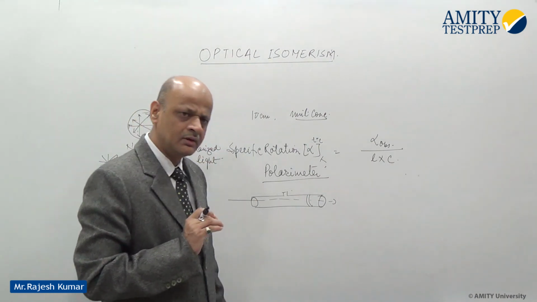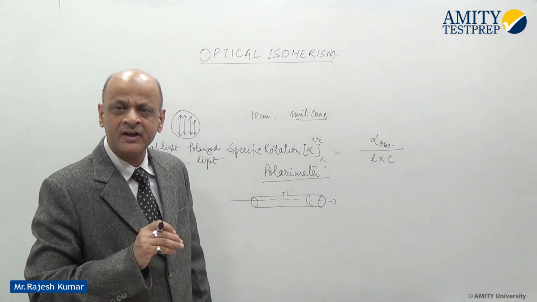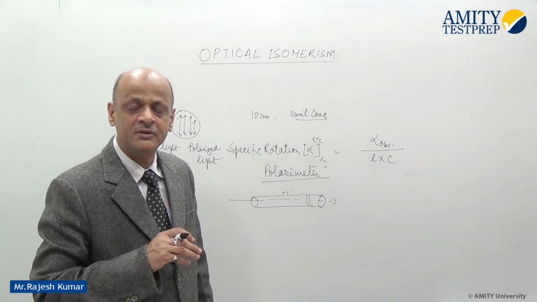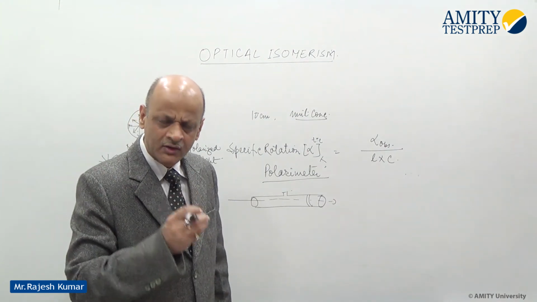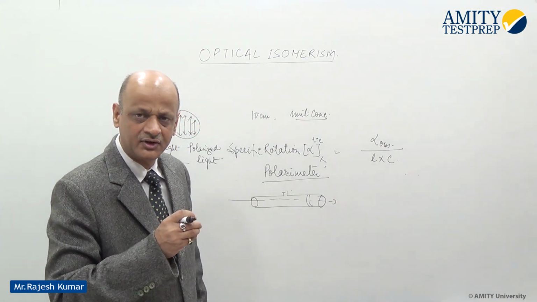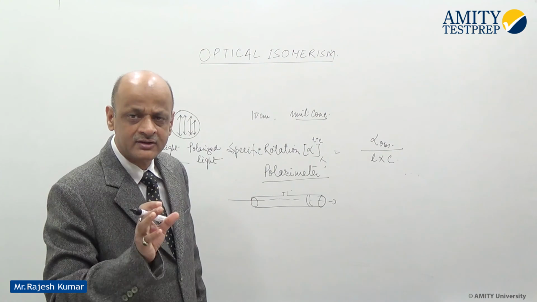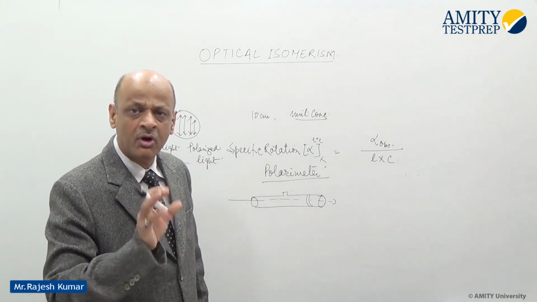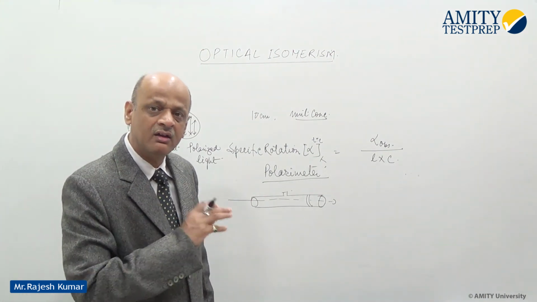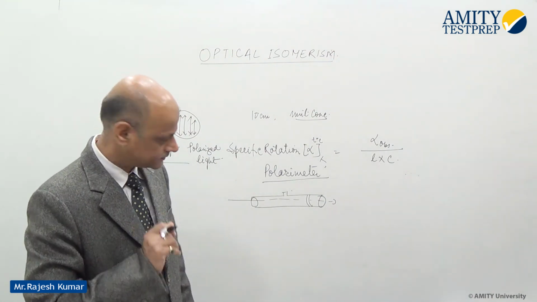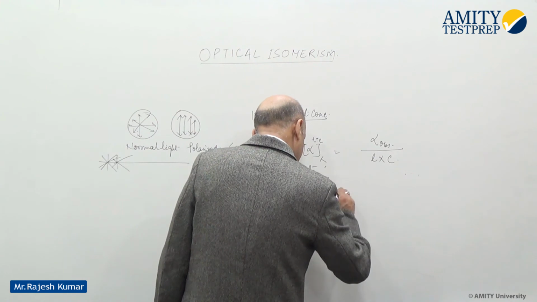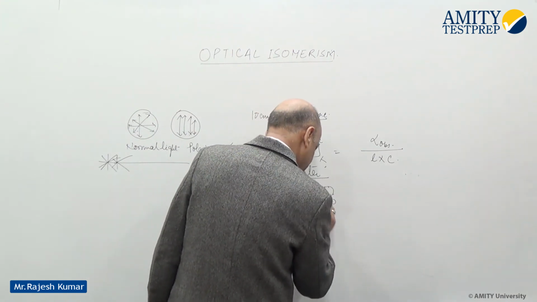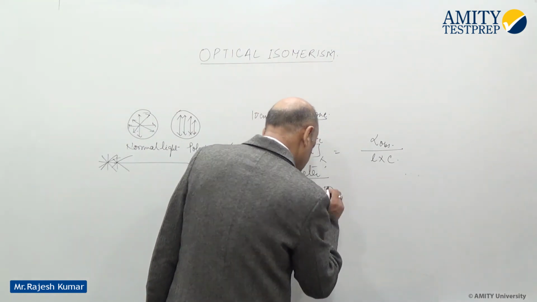But if the substance is optically active, meaning it causes rotation of the plane of polarized light, then the emitted light is not as much as the entered one. The amount of emitted light is less than the entered light. So, by adjusting this analyzer, we can measure this rotation.